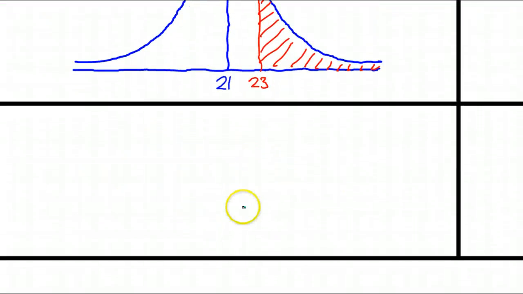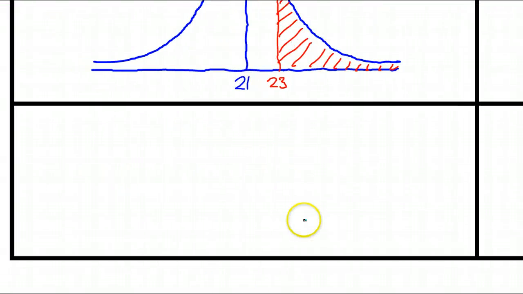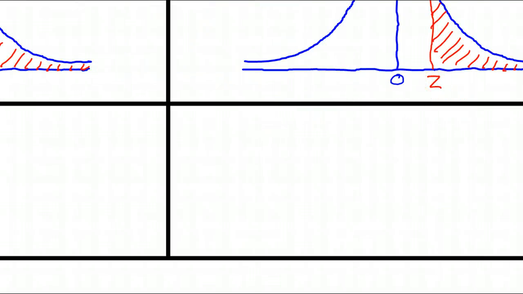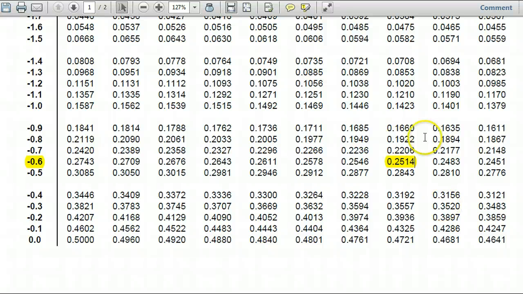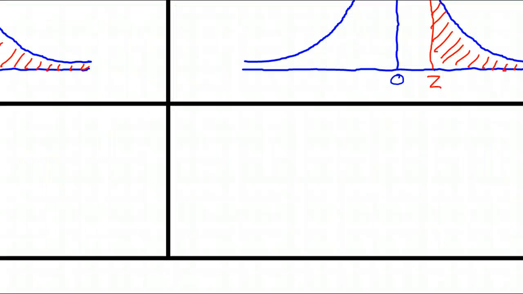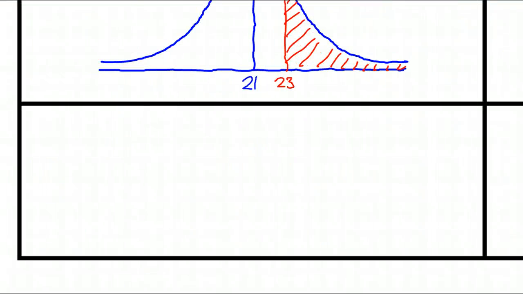Now let's move on to our calculations. Let's once again start by finding out what the z-score is so that we can use our table to find the right proportion and percent. Using our formula, the z-score is the value minus the mean divided by the standard deviation.